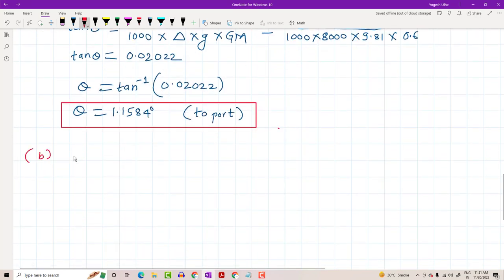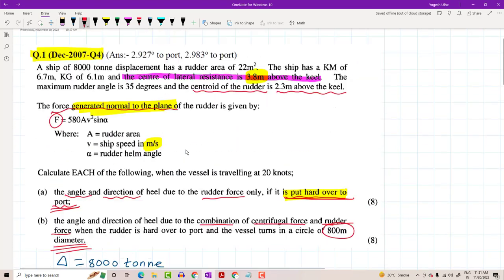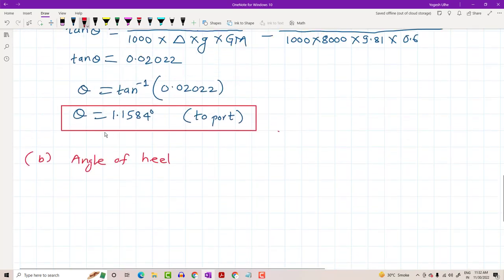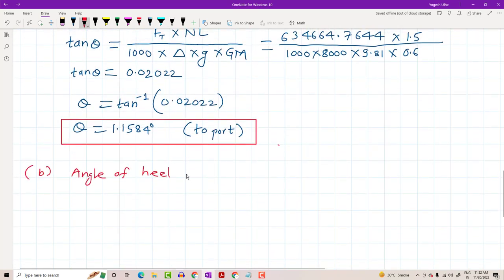Angle of heel due to combination of centrifugal force and rudder force.